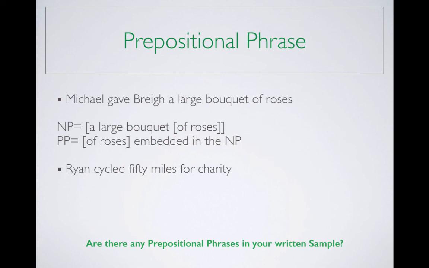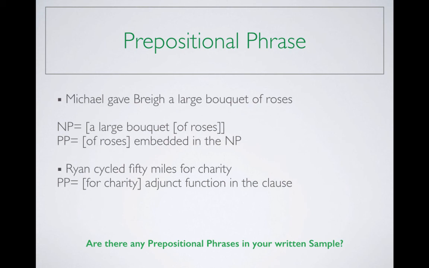Give it a try. Stop the video and try to diagram this sentence as shown in the example. For charity is an adjunct function in the clause, and for is the prepositional phrase.